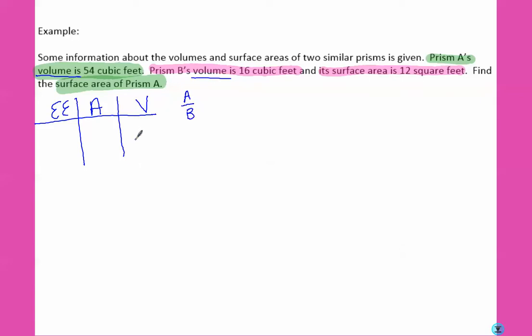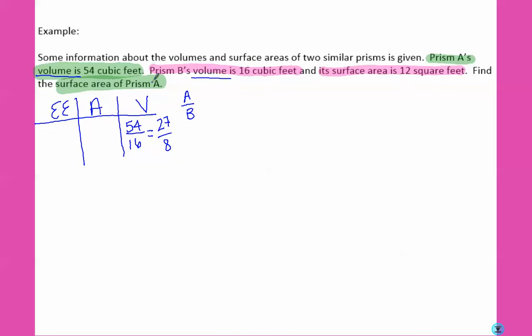You should get the same answer whether you put A on top or B on top, as long as you're consistent throughout the whole problem. So that would be 54 over 16. Before I move on, I want to simplify this fraction. If you're not good at simplifying fractions, you can put it in your calculator and then do math, enter, enter to change it to a simplified fraction. So that simplifies to 27 over 8.